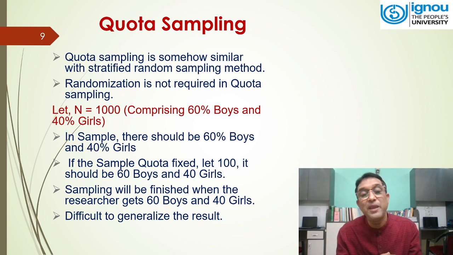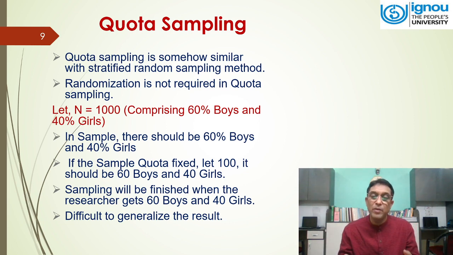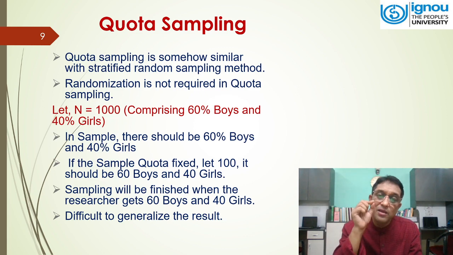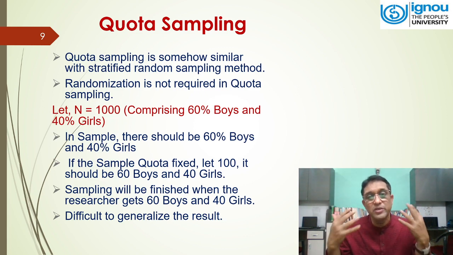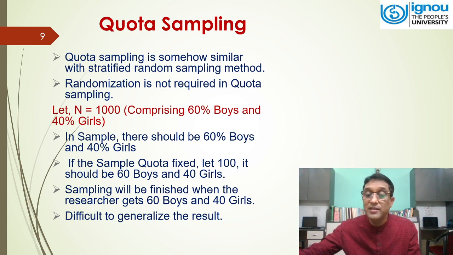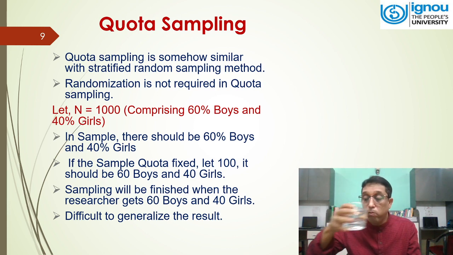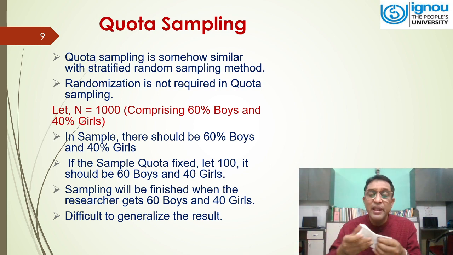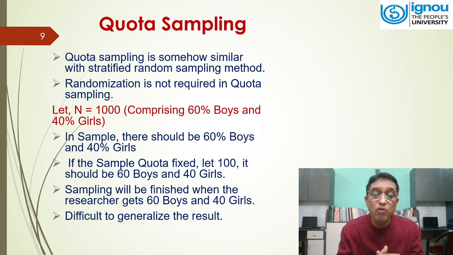No need of specifying the percentage, just like in a probability sampling method. In a probability sampling method I will not say that out of 1000, I will take 100 or 200. I can say I will take 10% or 15% or 20%, whatever the population is, 10%, 20%. But in non-probability sampling I can say that I can take a number, a quota, just like 100 out of 1000.